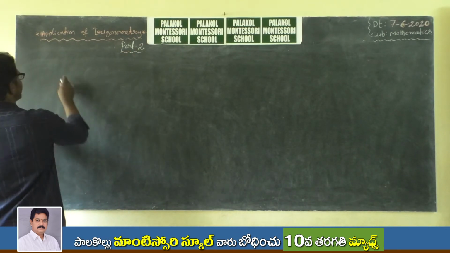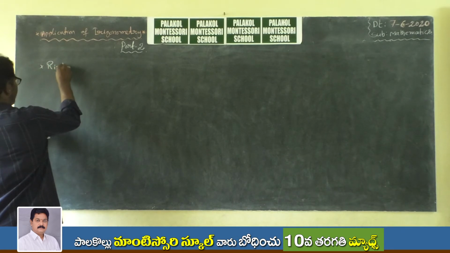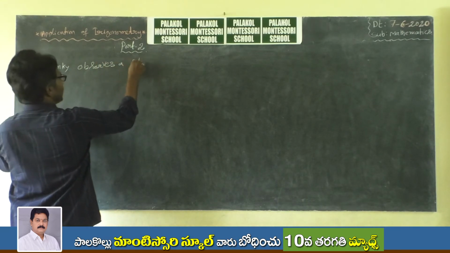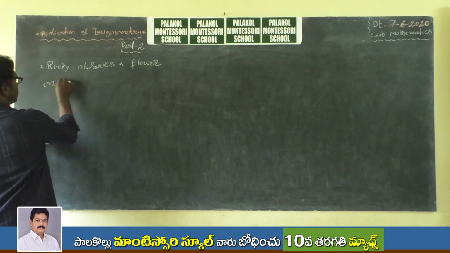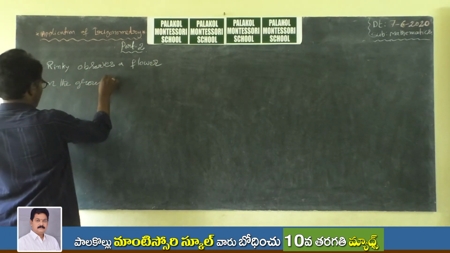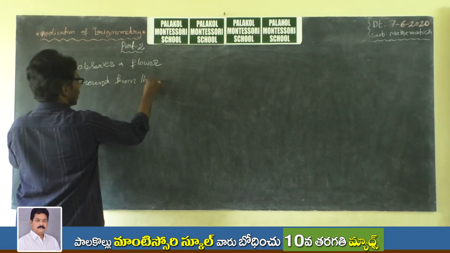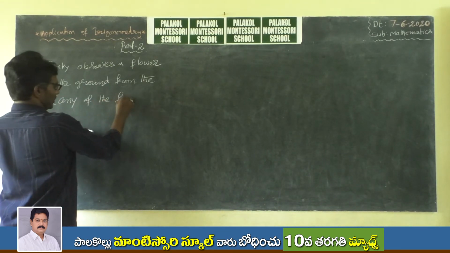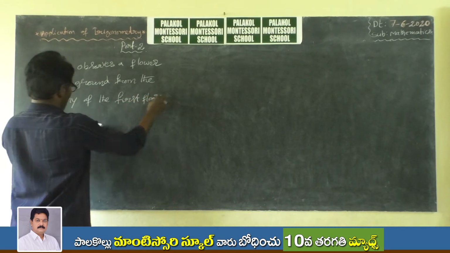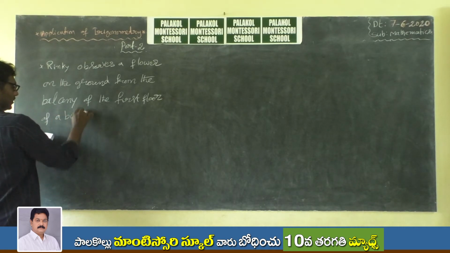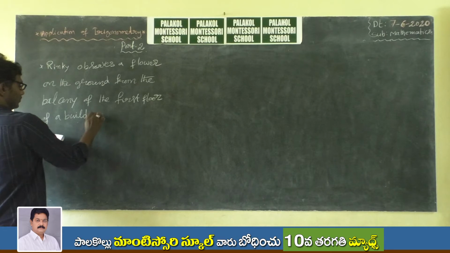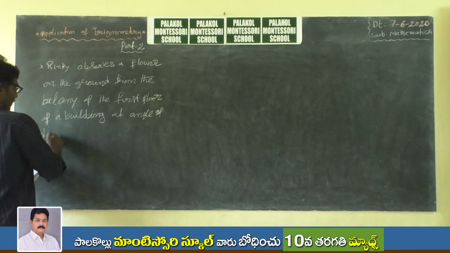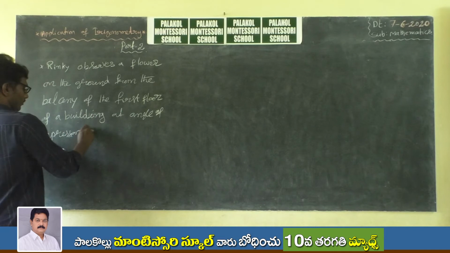Rinki observes a flower on the ground from the balcony of the first floor of a building at an angle of depression beta.